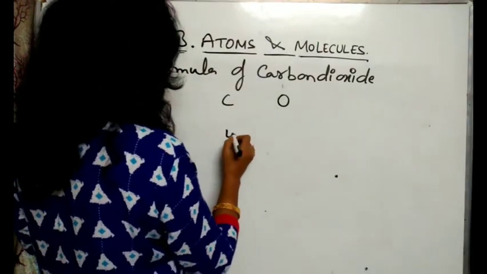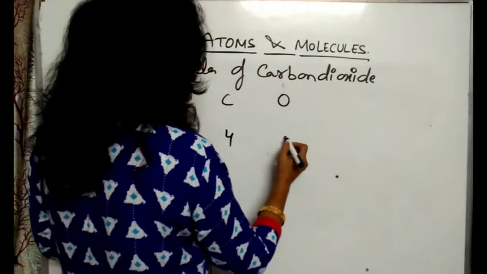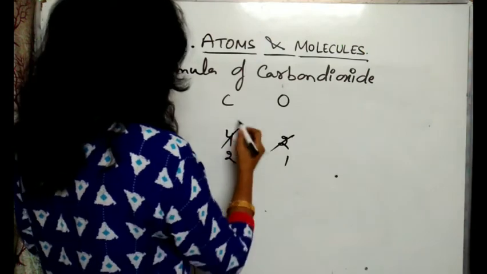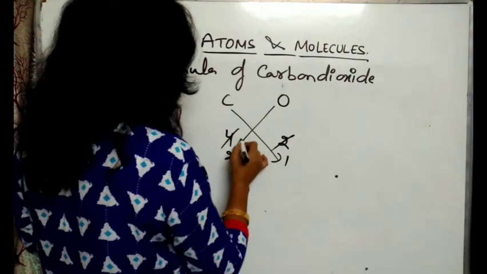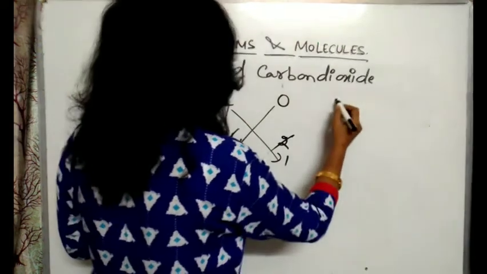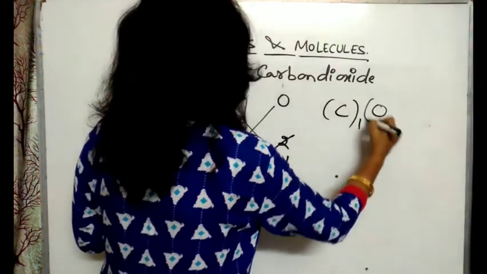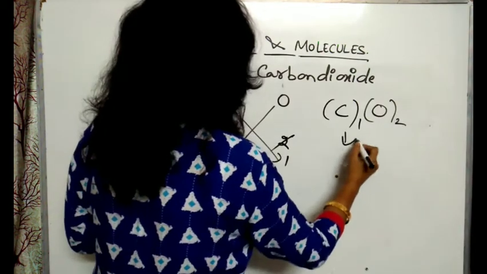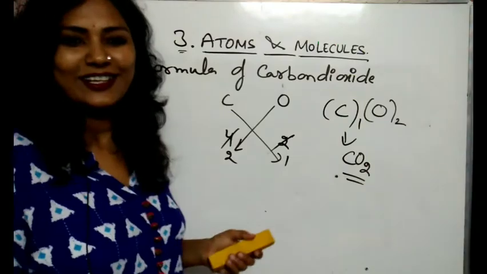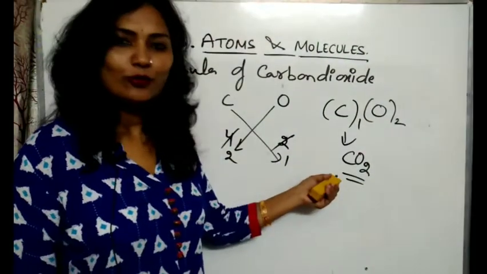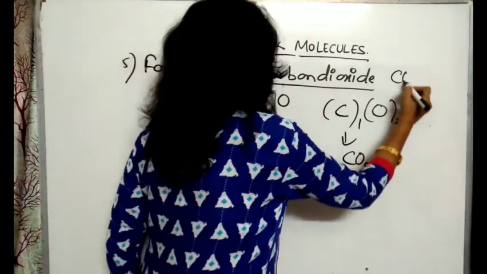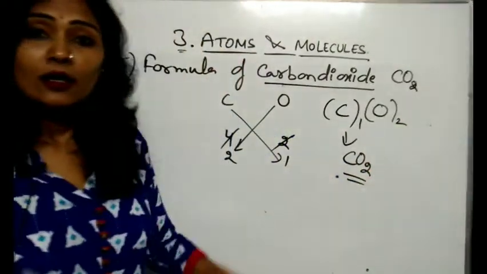Carbon valency is 4 and oxygen valency is 2. 2 ones are 2, 2 twos are 4, so it will become 1 and 2. Cross over the valency: C is 1 and O is 2. Now take off the bracket and write CO2. So CO2 is the formula of carbon dioxide.